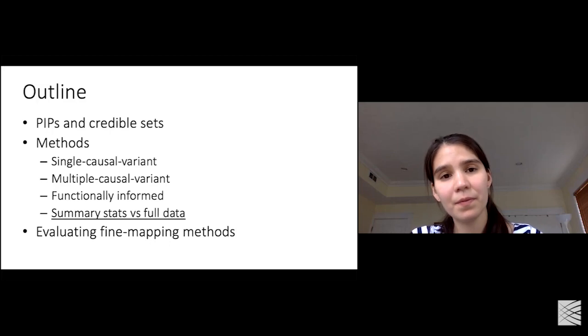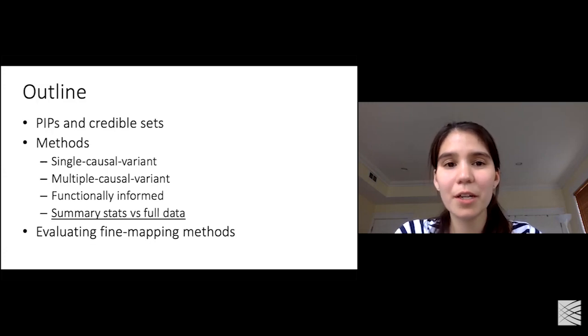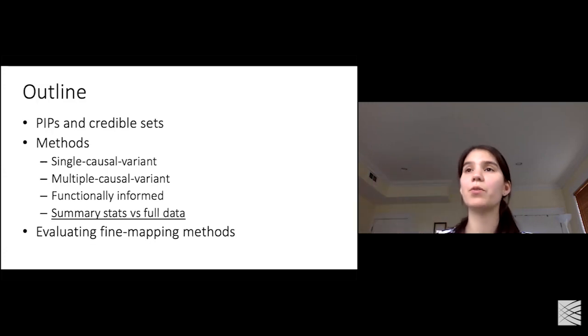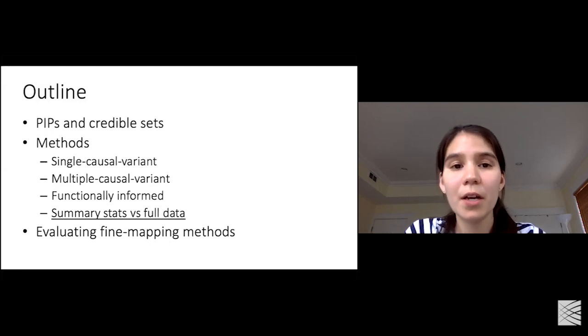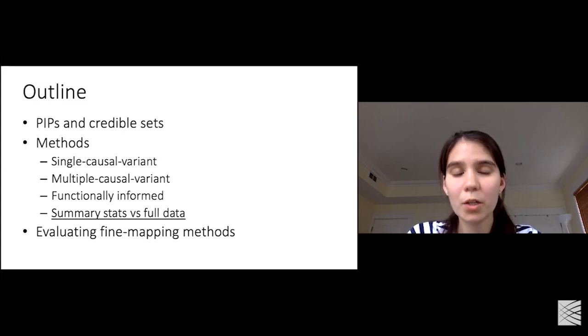How specific is PolyFun to a particular cell type, disease, or phenotype, and can that be customized? So I should let Omer field this question, but in general, if you think about functionally informed fine mapping, it again depends on which annotations get used. If you only incorporate annotations from a certain cell type, then it'll be cell type specific.